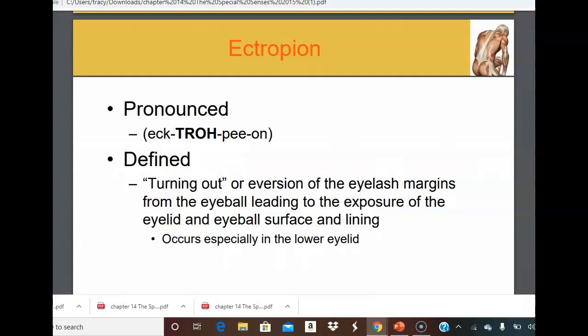It exposes the eyeball and the surface lining of the eye. It is more common in the lower lid, and generally we don't see this in a younger population, but in the older population with different disease processes, the muscles get weak, and the eyeball doesn't stay lubricated, then it gets dry, and the lining gets dry.